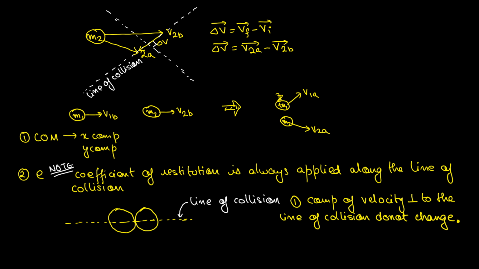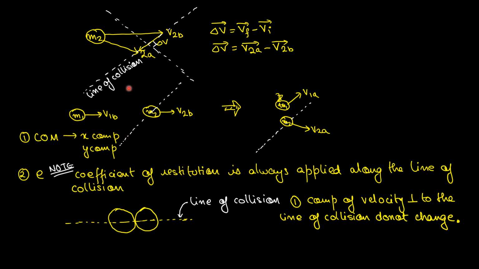So if you draw the line of collision out here, now you can apply the coefficient of restitution formula. Whatever this angle is, cos theta, phi, or whatever, the component of velocity of separation along this line and the component of velocity of approach along this line.